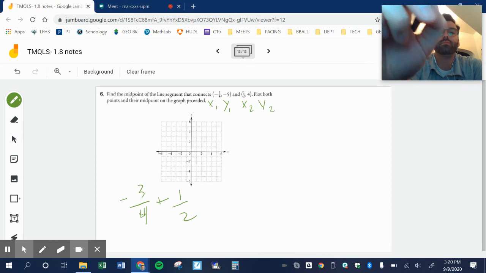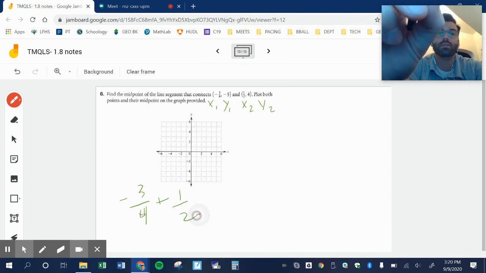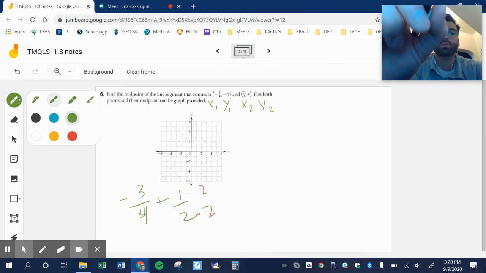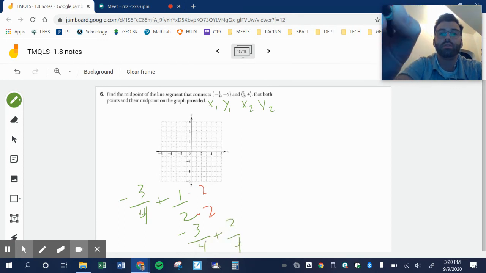Well, these aren't like terms, so I'm going to have to make a common denominator here. I need to multiply this fraction by 2 so I can get 4. All right, 4 should be my common denominator. Negative 3 over 4 plus 2 over 4 gives me negative 1/4.